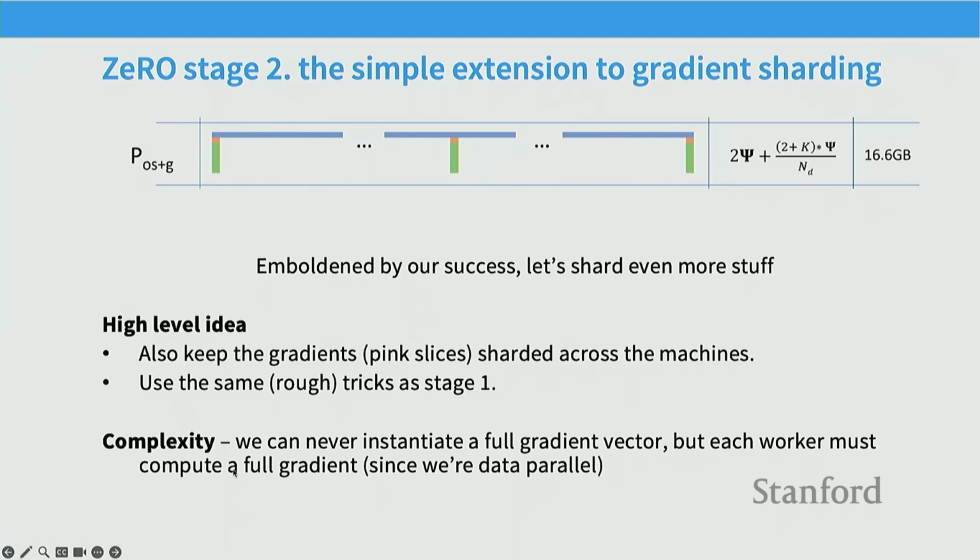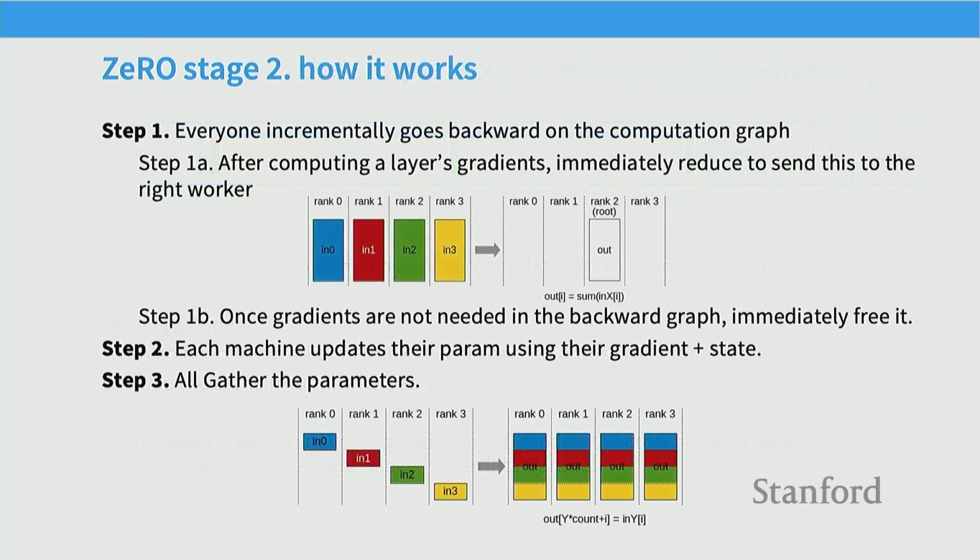And so what we're going to have to do is when we do the backwards pass, as we're computing the gradient vector, we can't instantiate the full gradient first and then do communication. What we have to do is, as we compute the gradients backwards, as soon as we compute a layer's worth of gradient, we're going to have to send that over to the corresponding GPU that it belongs to, right? So this is how it works. It's roughly the same idea. Now everyone has their own batch component. Everyone incrementally goes backwards on the computation graph.